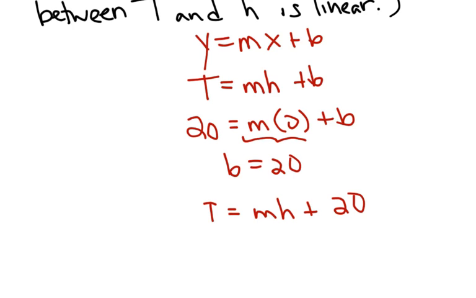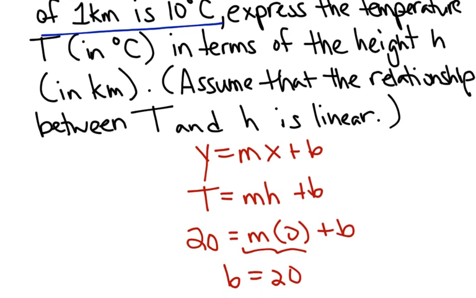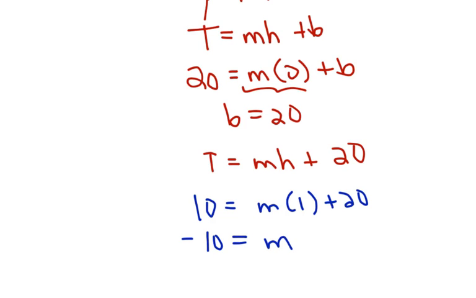All right, now I got to find out what the slope is. They actually gave me one other ordered pair, didn't they? They told me that at 1 kilometer, the temperature is 10 degrees Celsius. All right, let's go back here. 10 is equal to m times 1 plus 20. So negative 10 is equal to m.